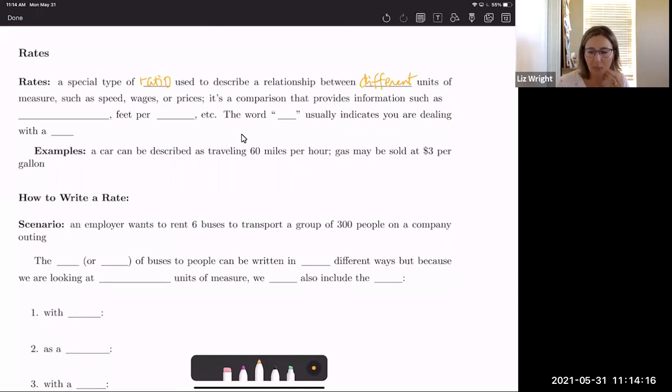It's a comparison that provides information such as dollars per hour, feet per second, and the word per usually indicates that you are dealing with a rate.